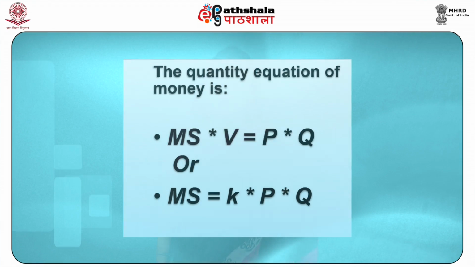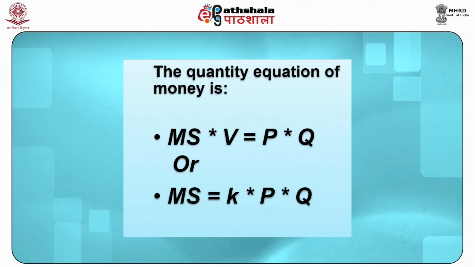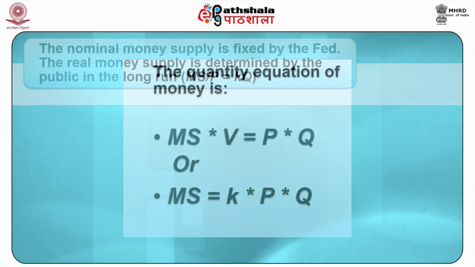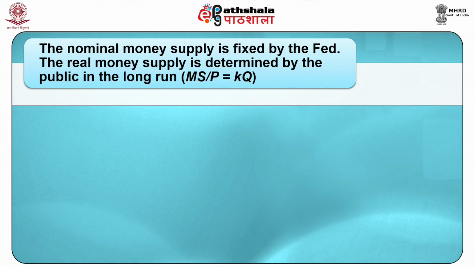Second, the quantity theory of money is MS × V = P × Q, or MS = K × P × Q. Third, the nominal money supply is fixed by the Fed.